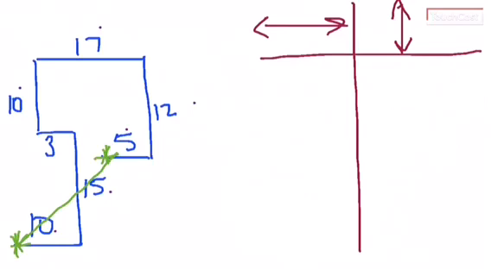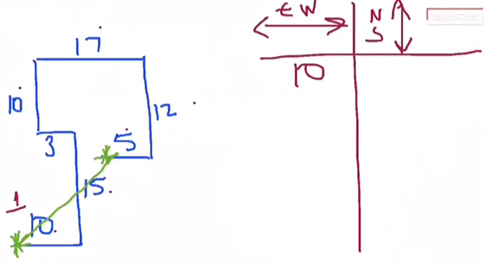Okay, and so you need to also keep in mind that if one direction is positive, the other direction has to be negative. And so I'll talk about that when we get to it. So let's first start with our first motion right here, which was 10 meters east. If this one is east and west and this is north and south, we have 10 meters east.